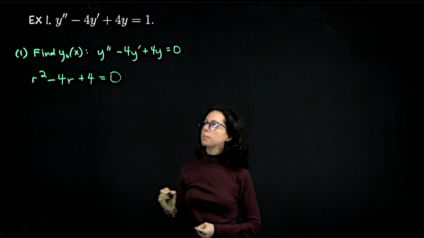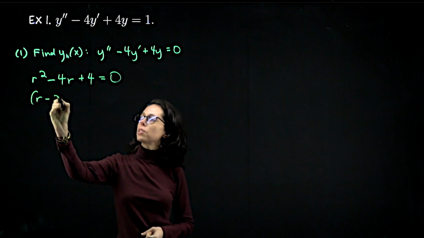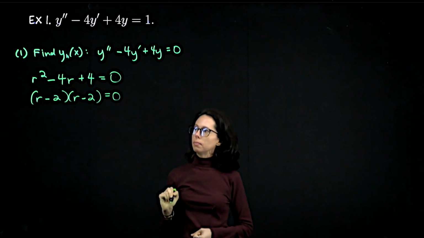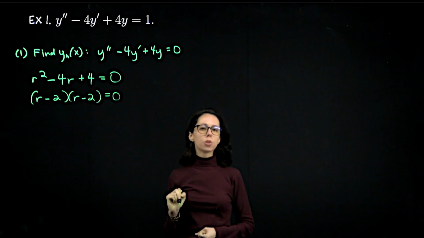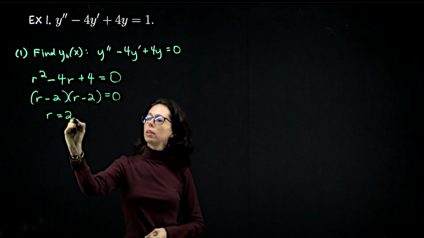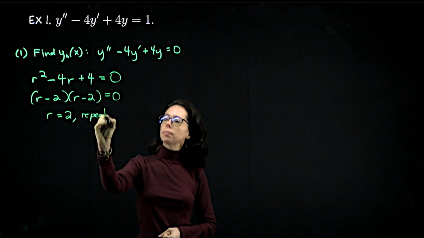This factors. We have r minus 2, r minus 2. That means that we are looking at the situation of having one real repeated root. So r equals 2 is a repeated root.